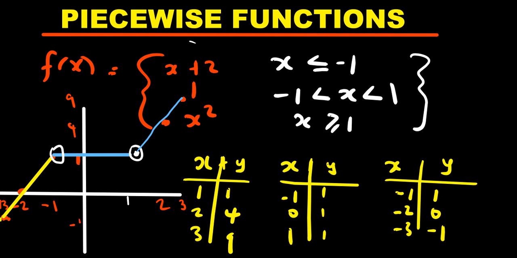Very, very important. Now let's talk about the last part that you need to understand. Polynomials. Okay. Now I'll not spend a lot of time on polynomials. On polynomials, you have to know how to factorize polynomials, okay? You have to know how to find the remainder and factor theorem. Very, very important.